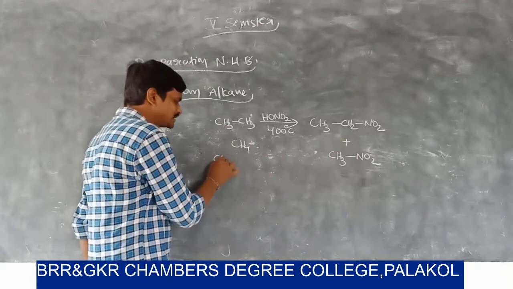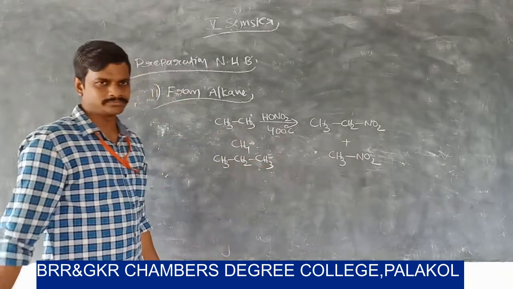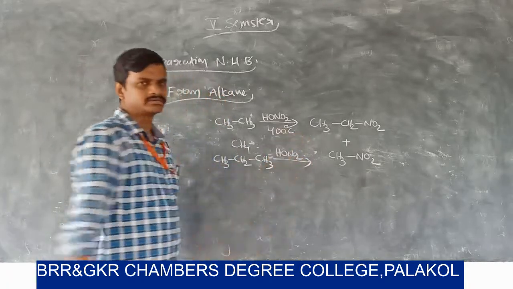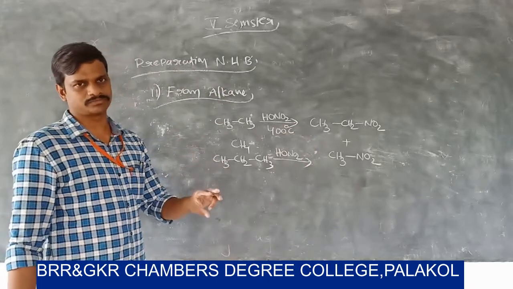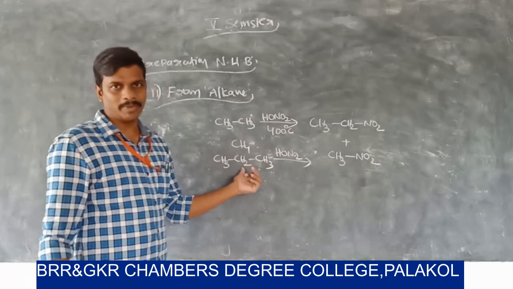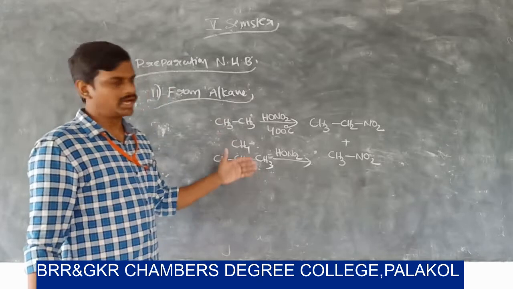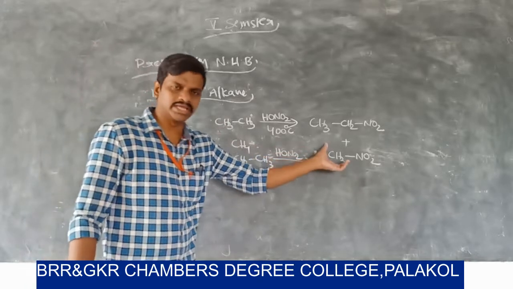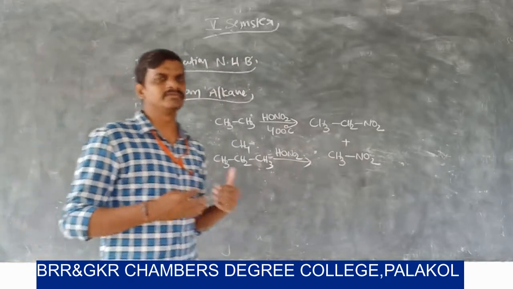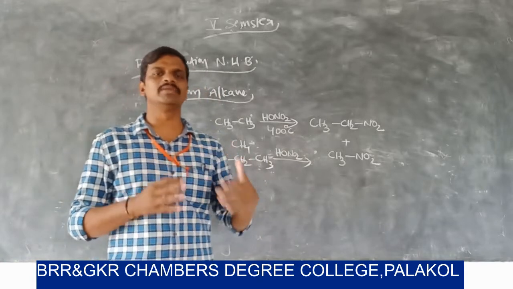If I take propane and carry out the nitration reaction at 400 degrees centigrade, then I get 1-nitropropane, 2-nitropropane, nitroethane, and also nitromethane.